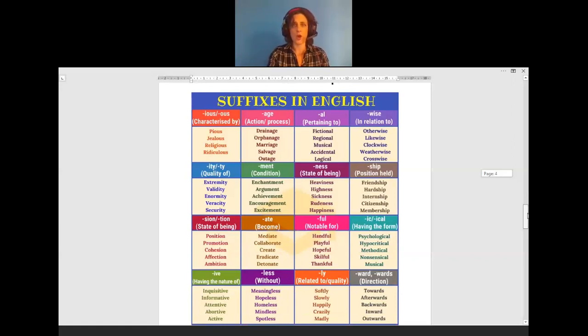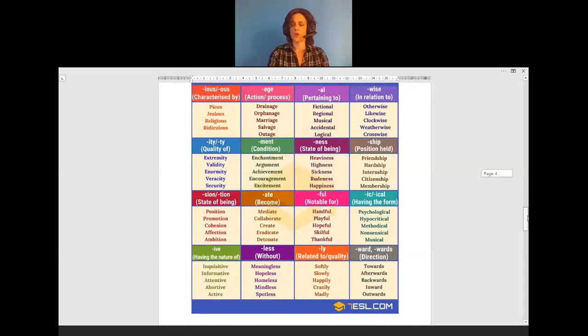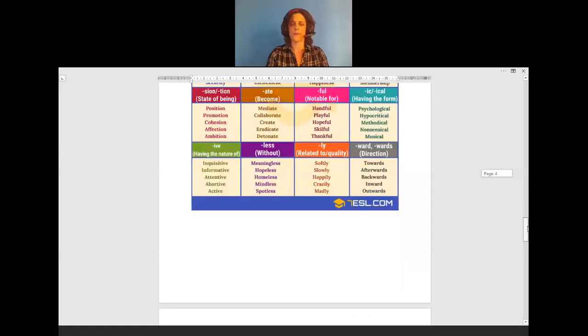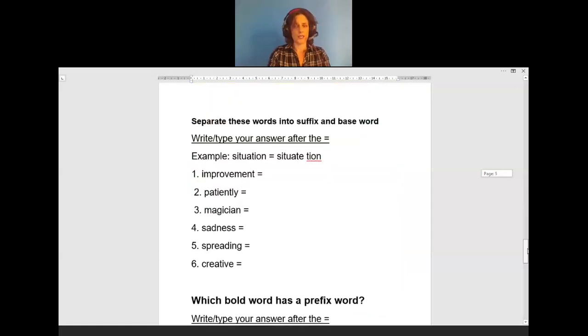So I'm going to show you now what you're going to be doing for your work. You can have a look through these suffixes and see which words you know, and if there's any new ones, you can let me know in a voice recording. I'd love to hear what words you don't know, and perhaps I can send you a message back to say what they mean. Okay, here's your worksheet.